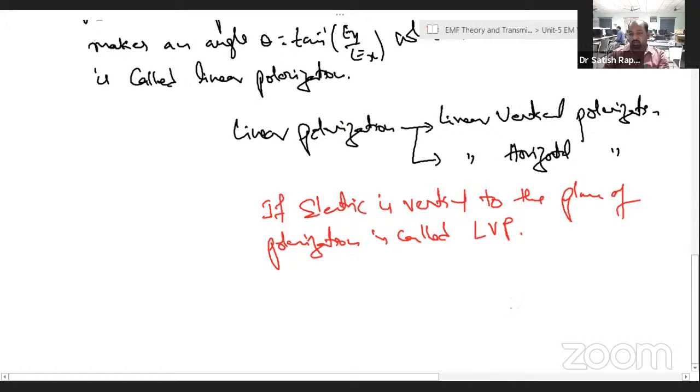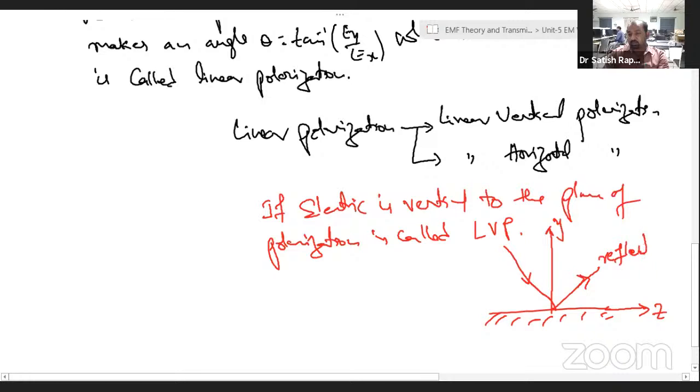For example, let us say this is the boundary, and this is the vertical axis, and let us say the wave is propagating in z direction, and this is the incident wave. As we know that when wave incidents on the boundary, part of the wave reflects. So this is a reflected wave, and part of the wave transmits, right?